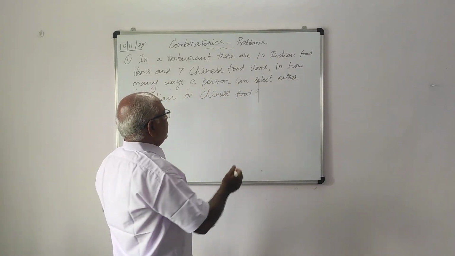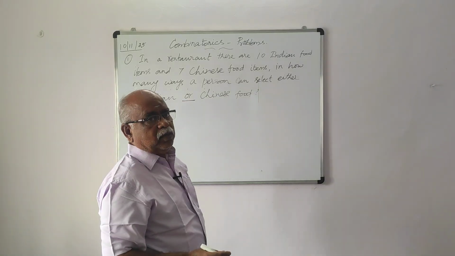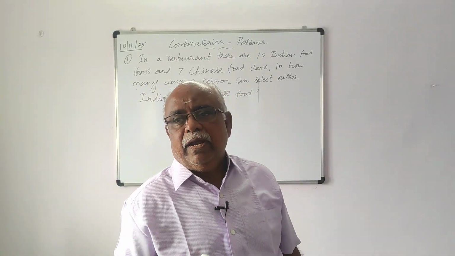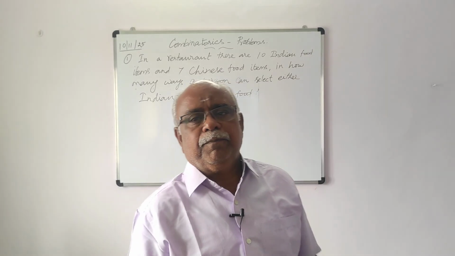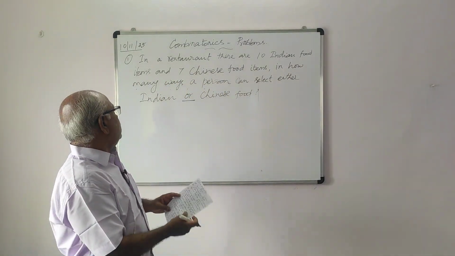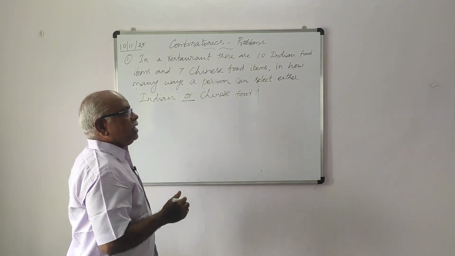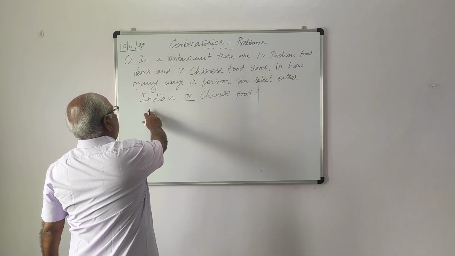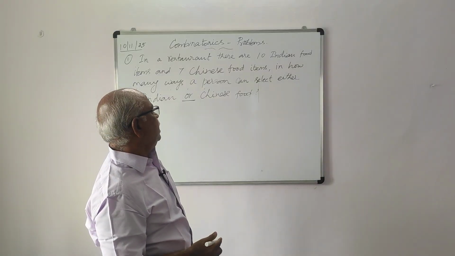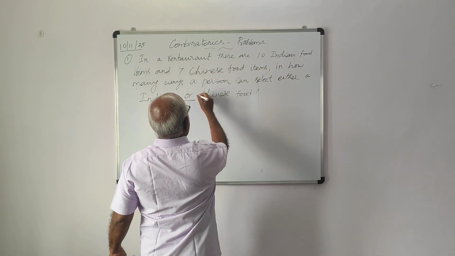Remember, I told you, "or" means union, the addition theorem. The sum rule of counting is to be used if the conjunction "or" is there. A person can choose either an Indian food or a Chinese food.